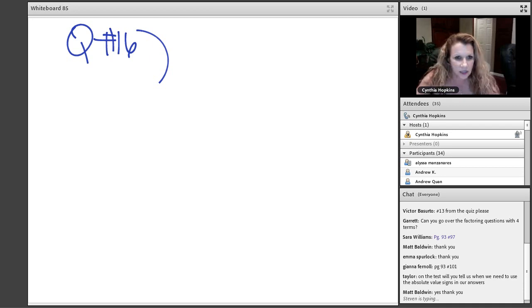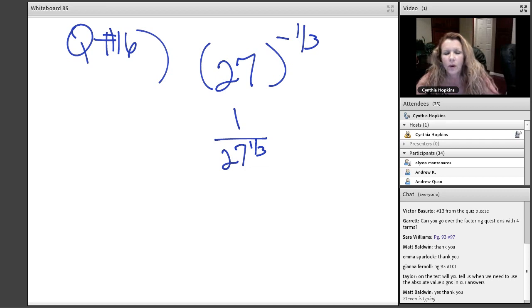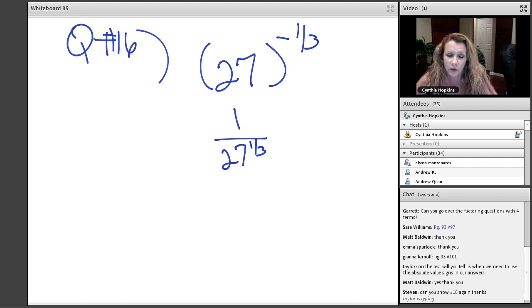Okay, 16 gives us 27 in parentheses raised to the negative 1/3 power. So a negative exponent means 1 over this 27 to the positive 1/3 power. And if you think about what we did with negative exponents when we had a factor in the numerator of a fraction, then we moved it to the denominator and made the exponent positive.